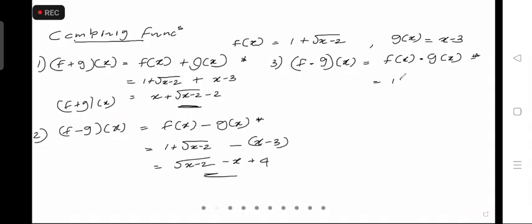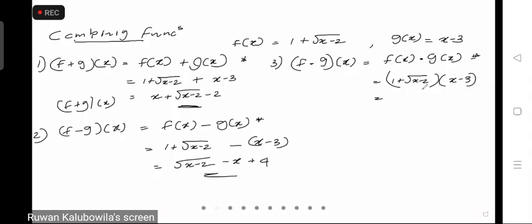Then f(x) means square root of x minus 2, times g(x) means x minus 3. You can solve the bracket here: I multiply by 1, and I take this root x times x minus 3. That is the answer.